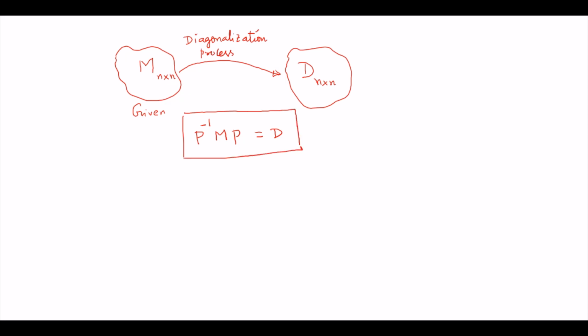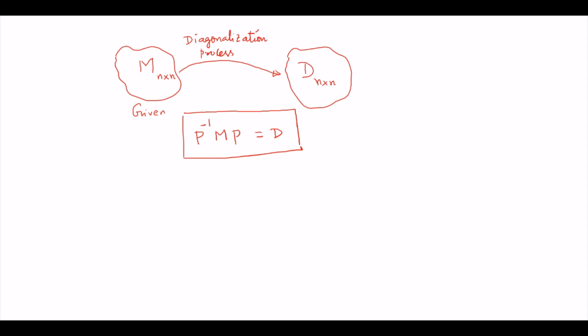Now, suppose you want to calculate the trace of this. P inverse MP is equal to D. Now, what property is invariant under this transformation? This is called a similarity transformation. So, what property is invariant? Something that does not change when I do the transformation.